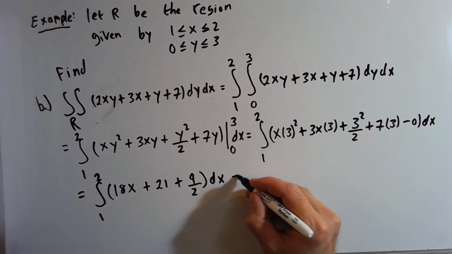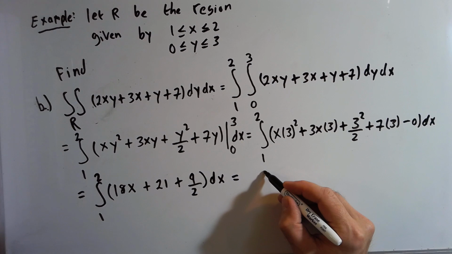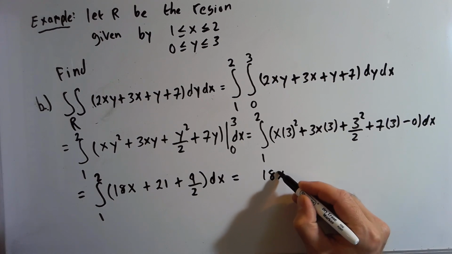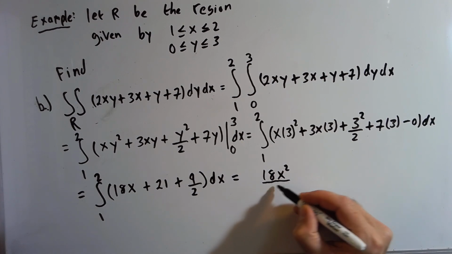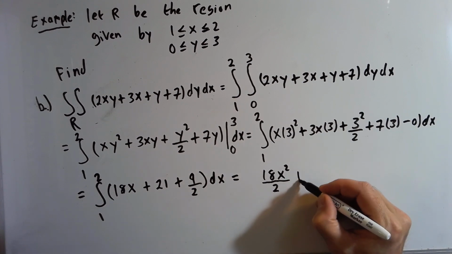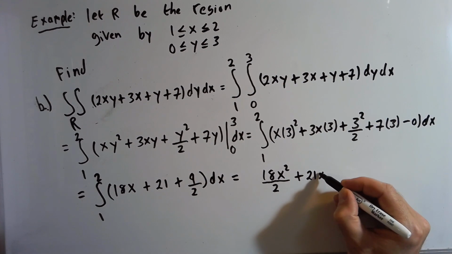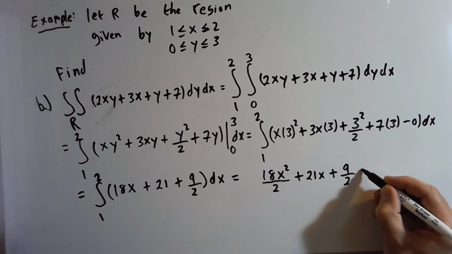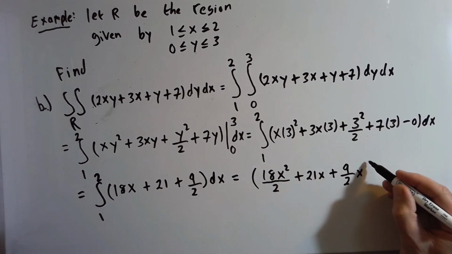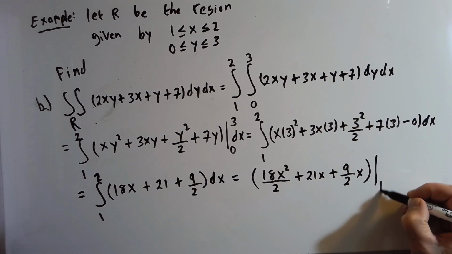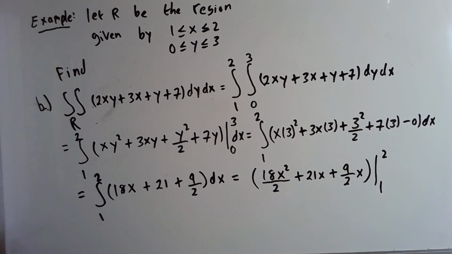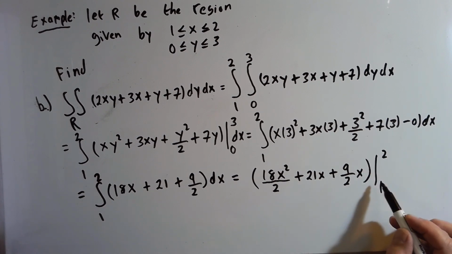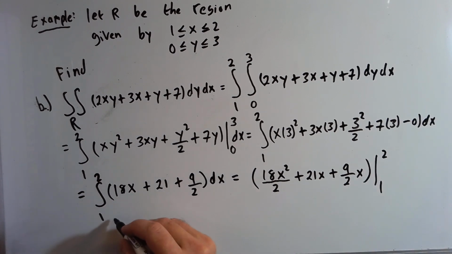So integrating with respect to x now, this will be 18x squared over 2. This will be 21x. This will be 9 halves x. Then evaluate it at 1 and 2. Okay, so I'm going to put 2 in place of x and put 1 in place of x.